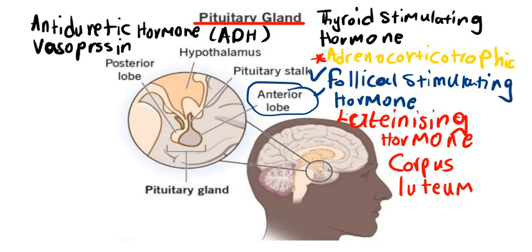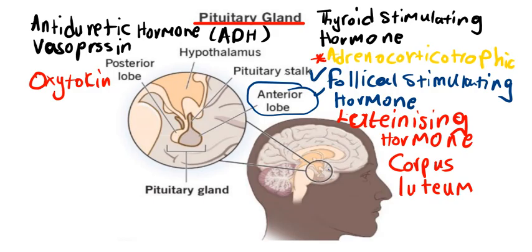Now, there's also this hormone which we call oxytocin. Oxytocin causes rhythmic contraction of the uterus wall during childbirth, and it also causes the mammary glands to produce milk.